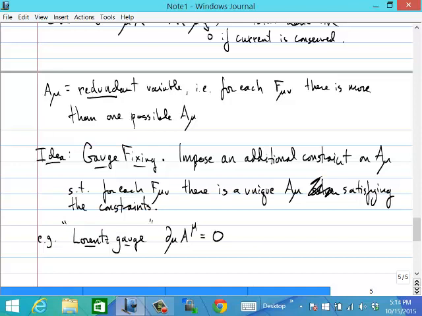And then you could just choose d squared lambda to set d mu A mu equal to 0. Because d squared is, well, it's the massless Klein-Gordon propagator. It's invertible. So you could always just take the Green's function that we wrote down earlier and use that to solve that equation, to impose the Lorentz gauge condition.